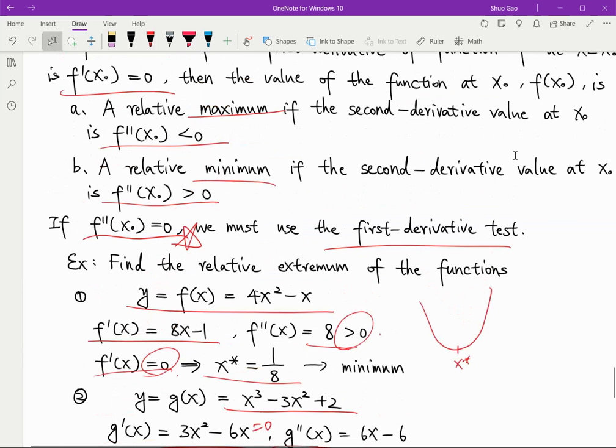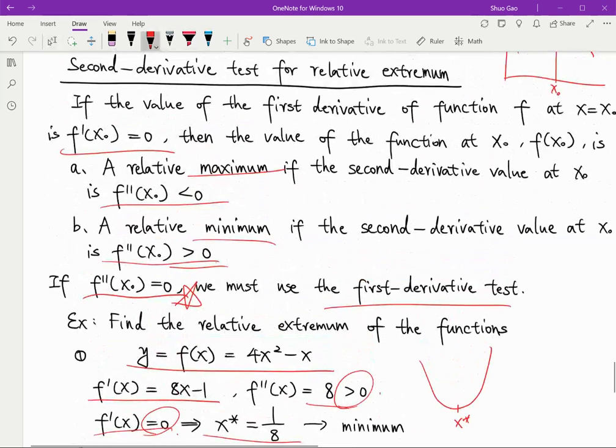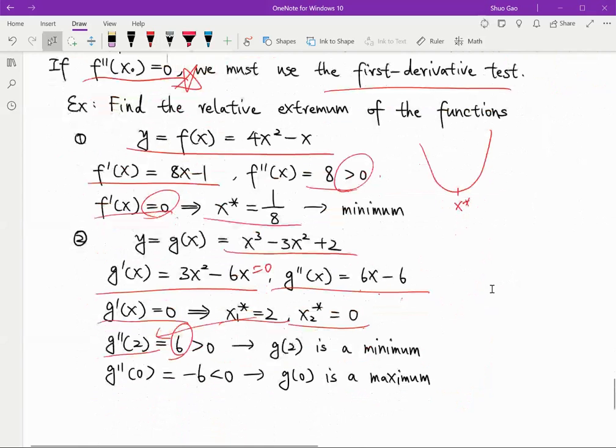So from the second derivative test, if it's positive, that means this should be a relative minimum. So g of 2 is a relative minimum, not an absolute minimum.